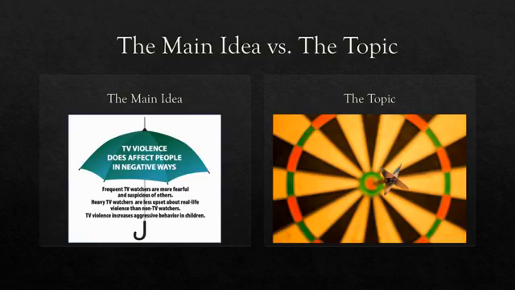The topic, on the other hand, is that one central point. It's the key piece that the passage is about. And often we can think about the topic as being maybe the title, or the one or two words that are important for a passage.